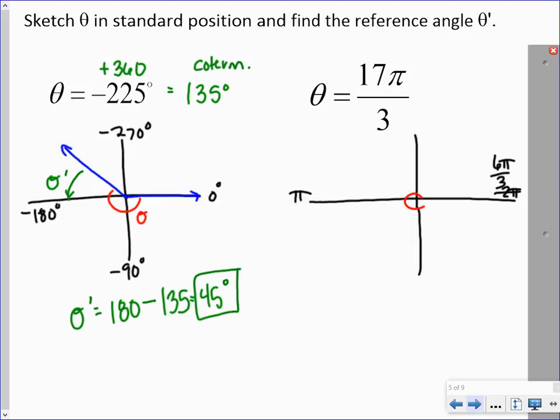I'd go around once, that's 6 pi over 3. I'd go around again, that's 12 pi over 3. And then I really only need an additional 5 pi over 3, which, as you're familiar from the unit circle, lands in quadrant 4. Or you could think about it as 1/3 less than the full revolution. And so when I draw that angle, my initial side is on the positive x-axis and my terminal side is in quadrant 4.